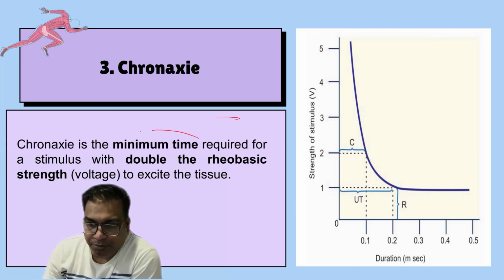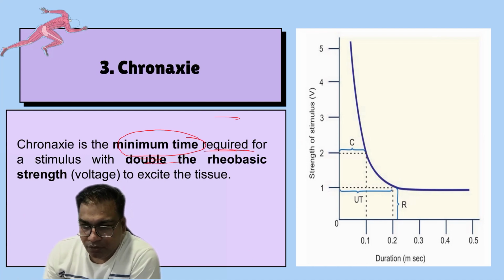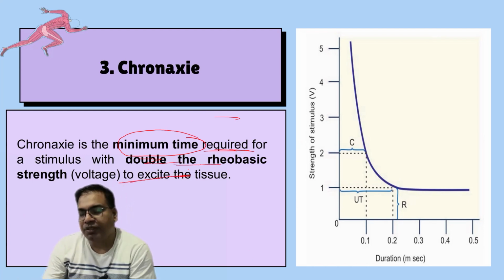Now come to the chronaxie. It is the minimum time which is required for the stimulus with double rheobasic strength.